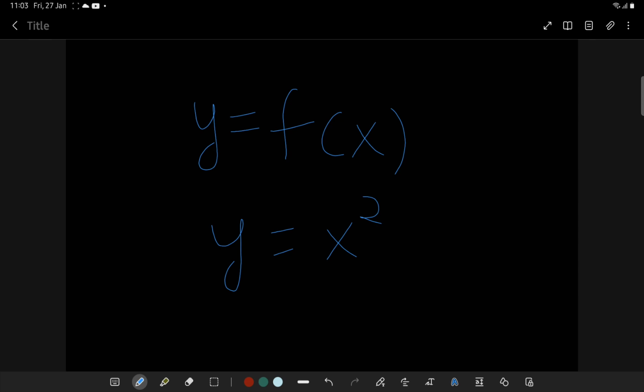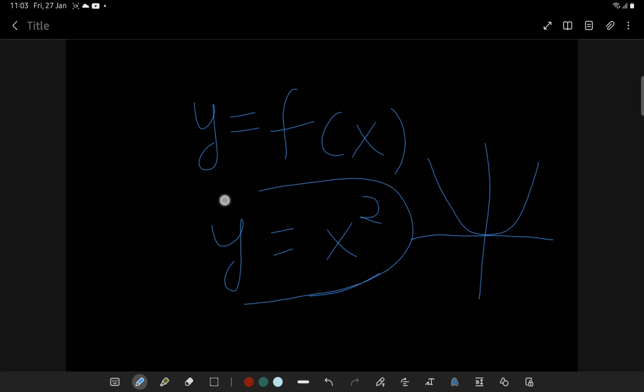For y is equal to x square, we know that in a normal graph we'll get a graph like this. But when we plot the same values in a log graph, we plot ln y is equal to ln of x square. Or we use log to the base 10, that is, log y is equal to log of x square.